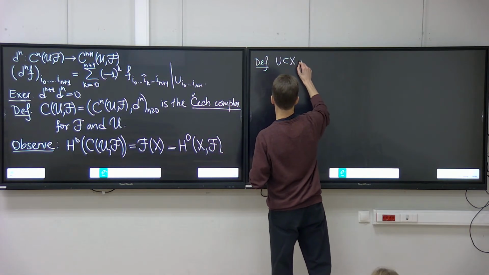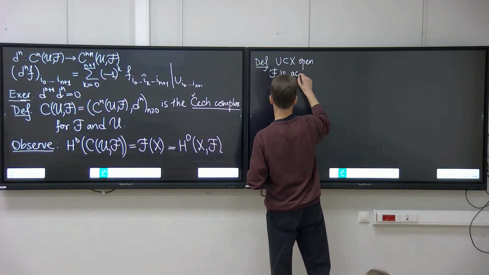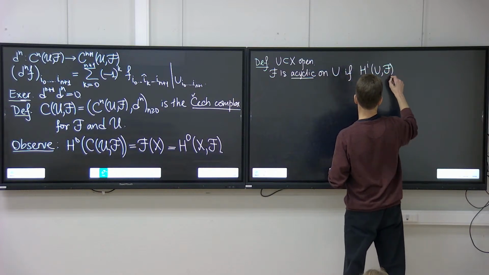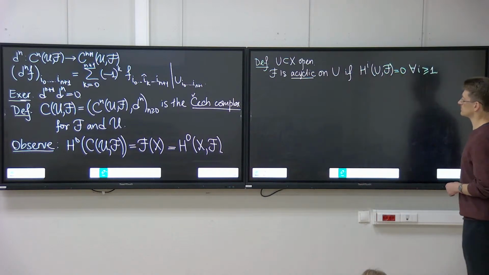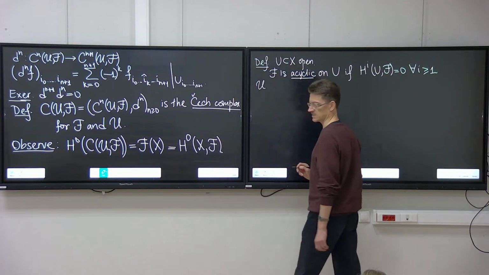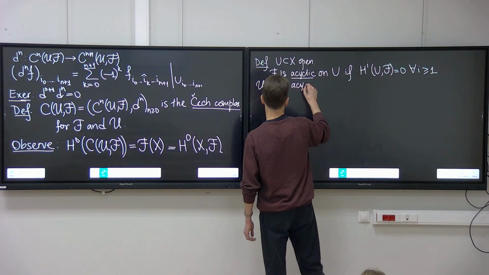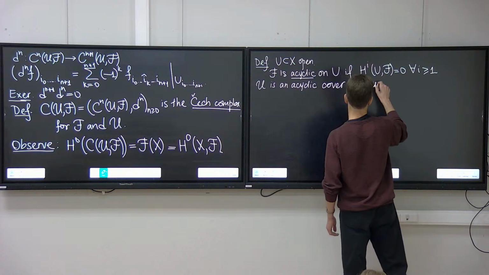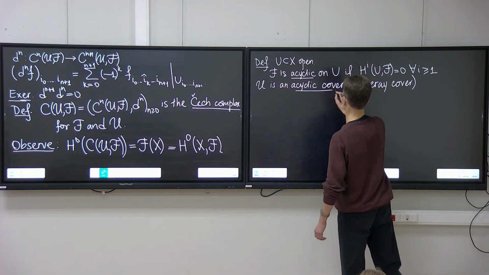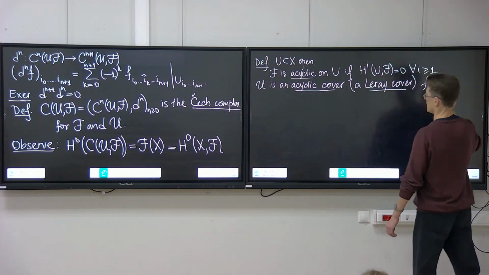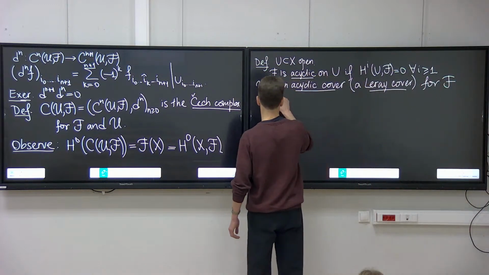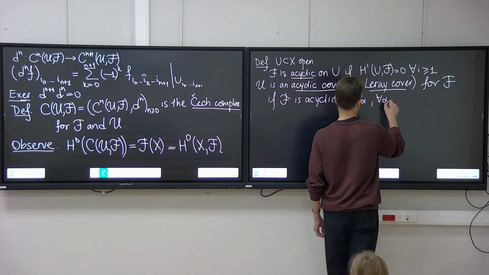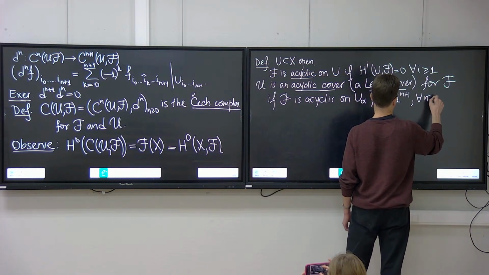If U is an open subset of X, we say that F is acyclic on U if the higher cohomology of F vanishes over U. And we say that the open cover U is an acyclic cover or Leray cover for F if F is acyclic on U alpha for every n plus 1 tuple alpha, and for every n, that is, on all finite intersections.